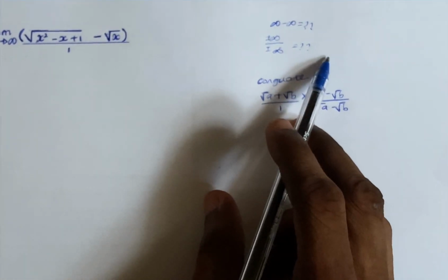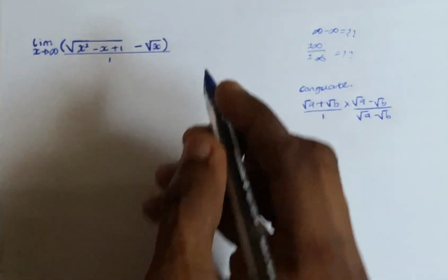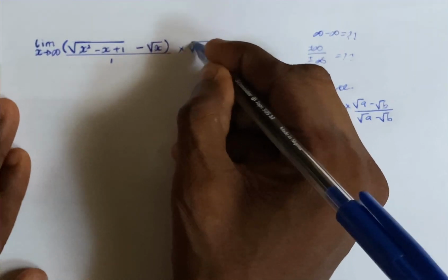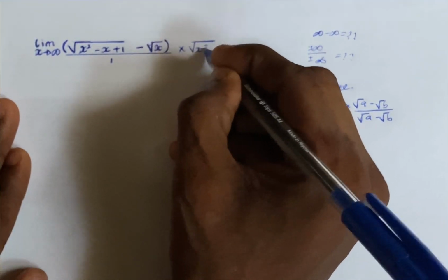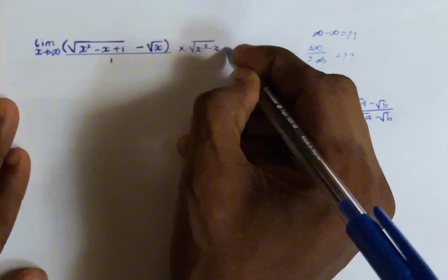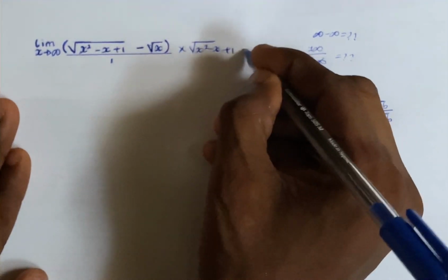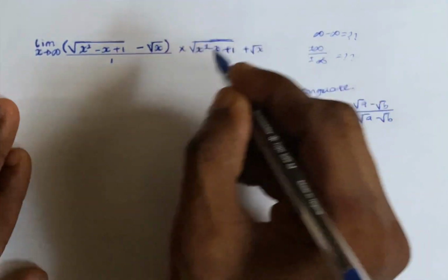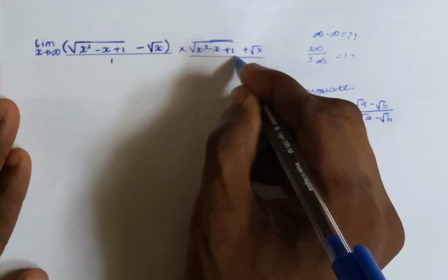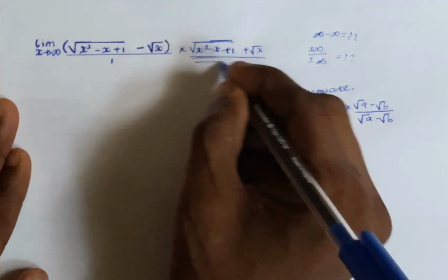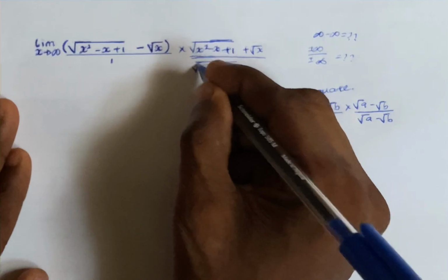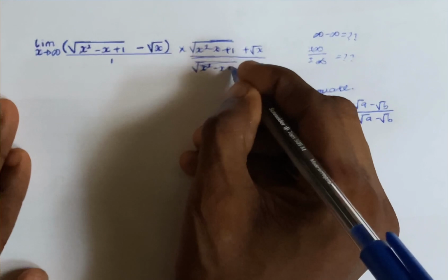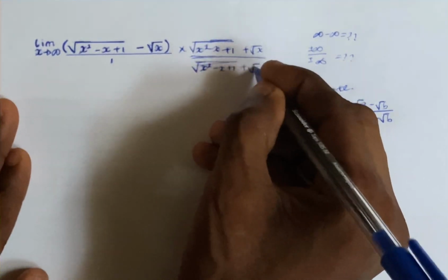Now we multiply this one by square root of x squared minus x plus 1 plus square root of x. You divide it also by square root of x squared minus x plus 1 plus square root of x.